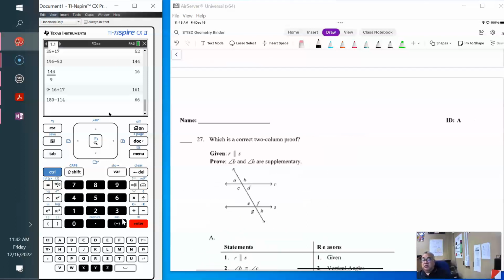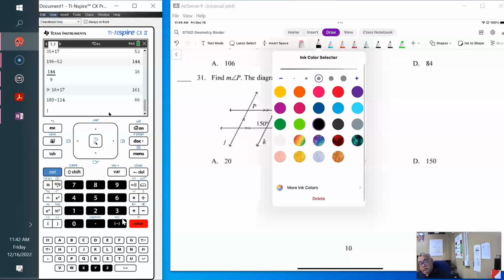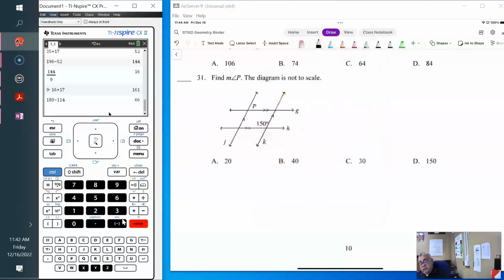So let me see if I can go to another one. 31. Find the measurement of angle P. Okay, we know that this is 150 degrees and this is 150 degrees. Those are corresponding angles. We know that angle P and angle 150 are same side interior angles, and the sum has to be 180.